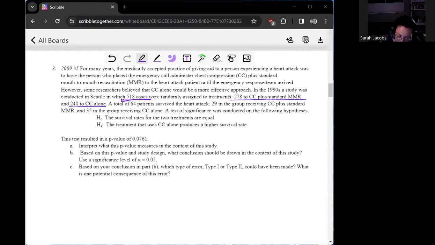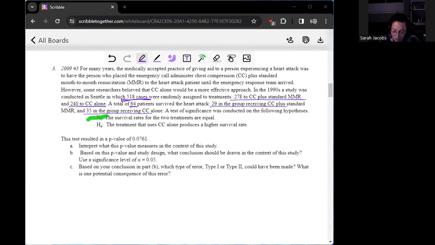A total of 64 patients survived the heart attack, 29 in the group receiving chest compressions plus mouth-to-mouth, and 35 in the group receiving chest compressions alone. A test of significance was conducted on the following hypotheses.